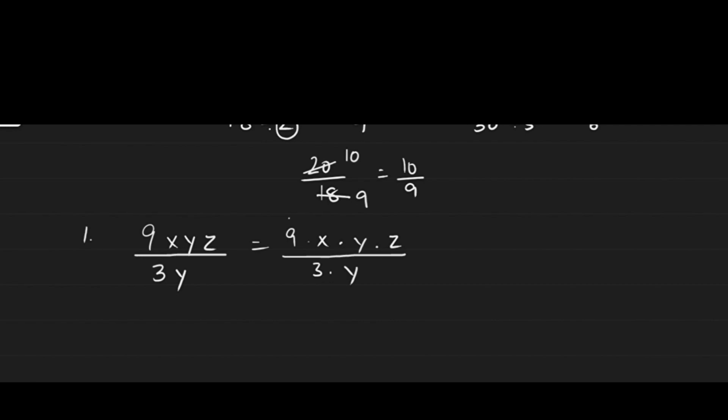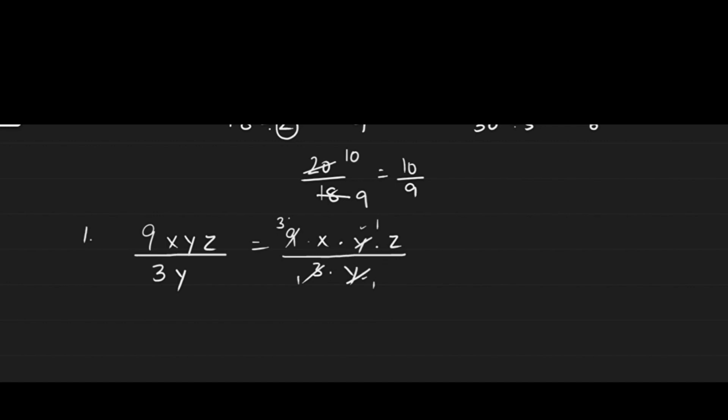You know that 3 and 9 have a common factor 3. So 3 goes into 3 once, and 3 goes into 9 three times. And then this y and this y are also common factors, because they can cancel out each other. y divided by y is 1.